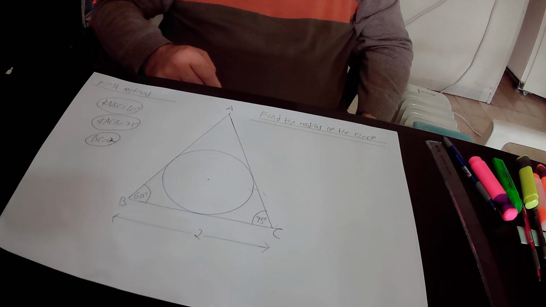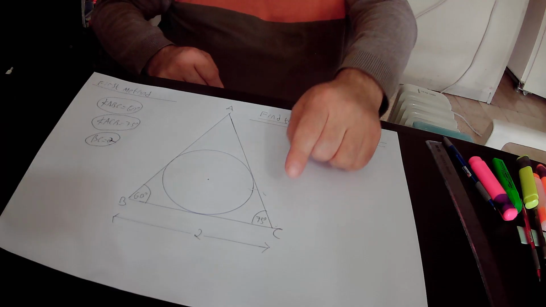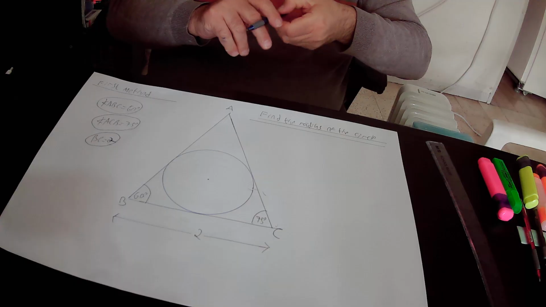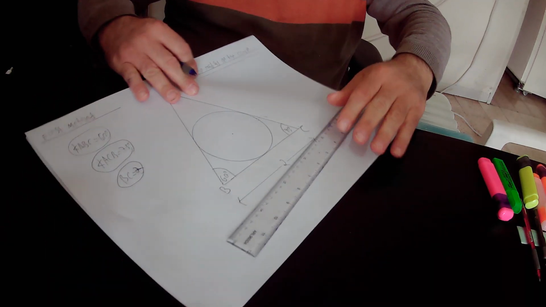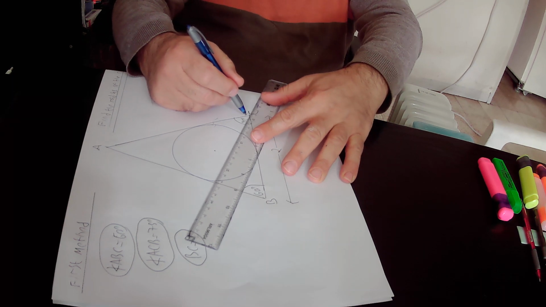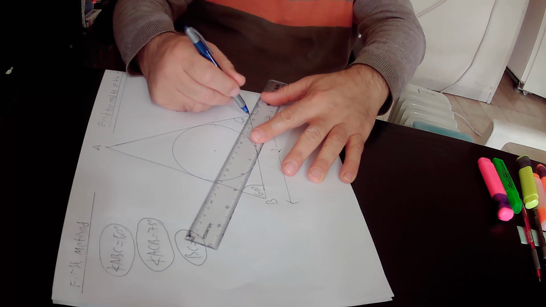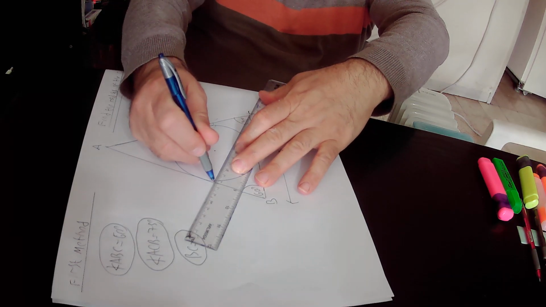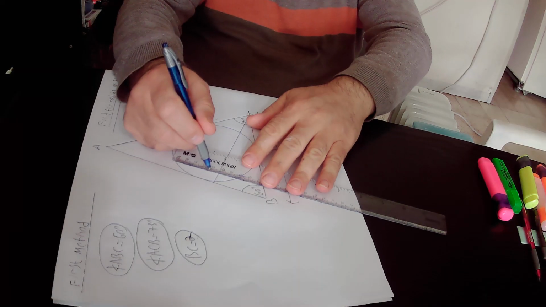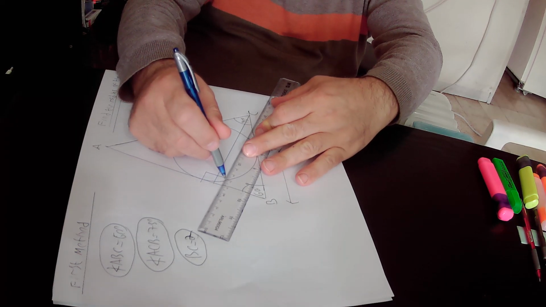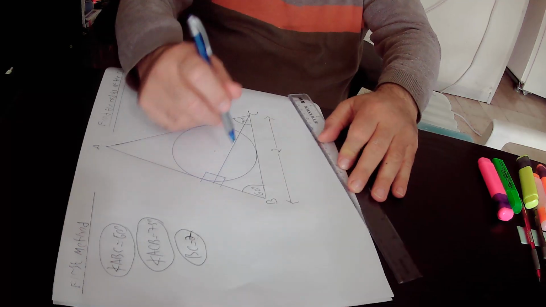So we start with the first method, and from point C we draw a perpendicular on AB. So this angle equals 90 degrees, and this angle also equals 90 degrees according to our construction.